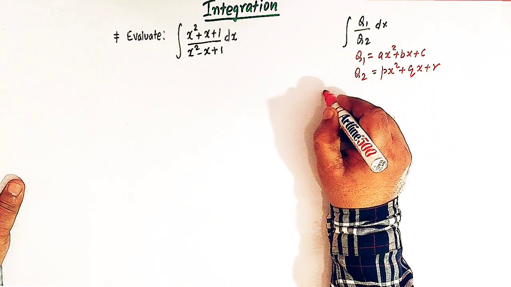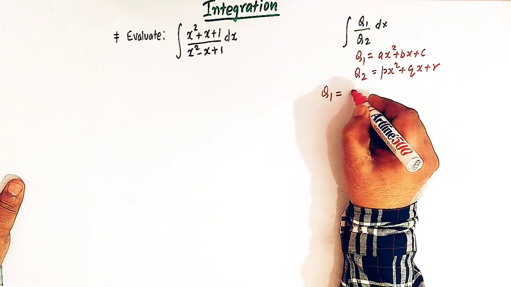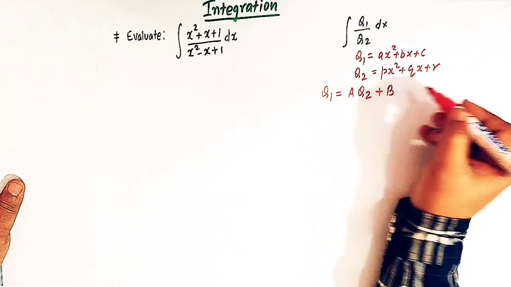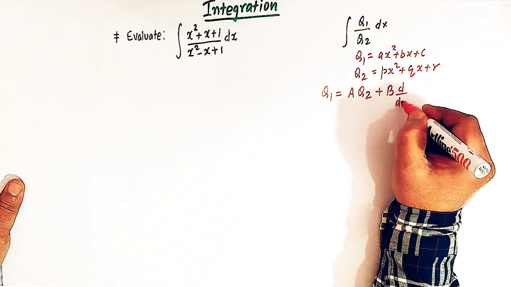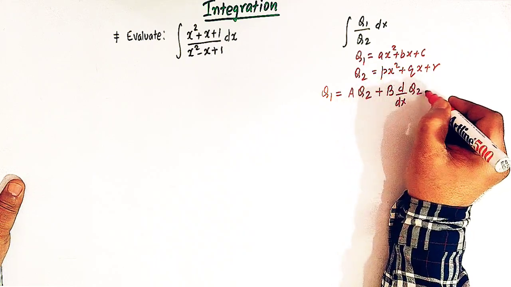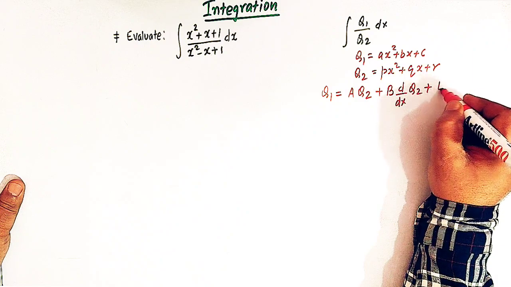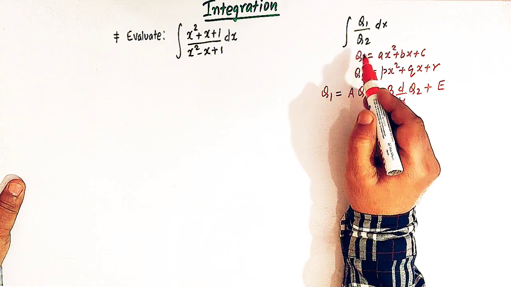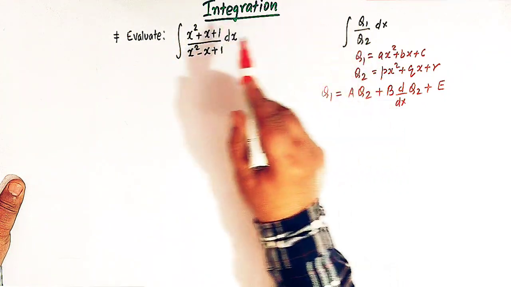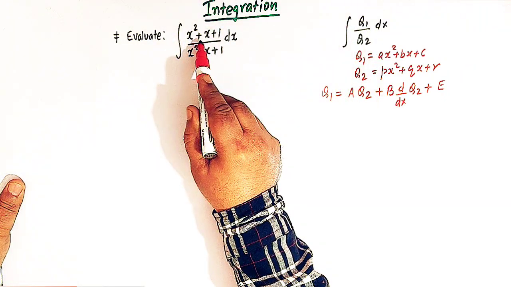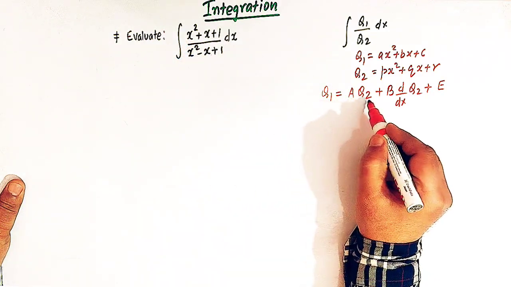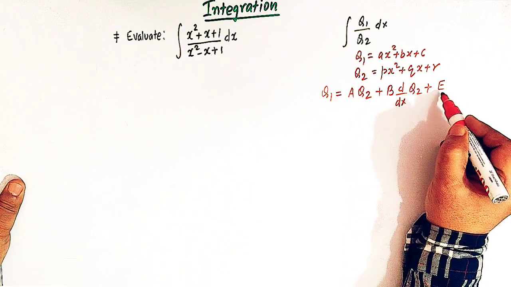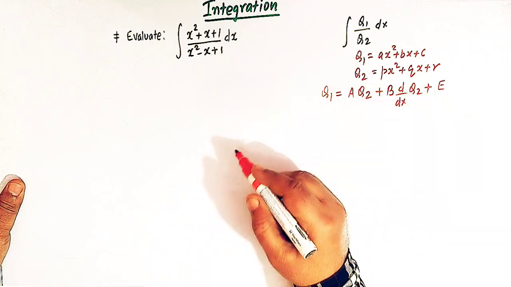So what we will do, we'll express q1 as a times q2 plus b times the derivative of q2, and then we have another constant here, say e, right? So we'll express this quadratic function q1 which is present in the numerator as a times q2 plus b times the derivative of q2 plus e, where a, b and e are constants.